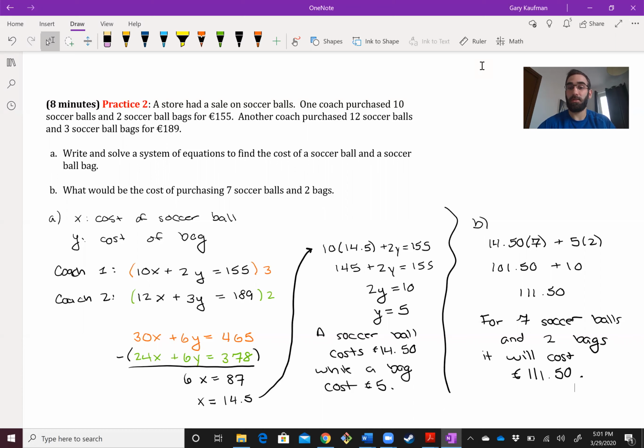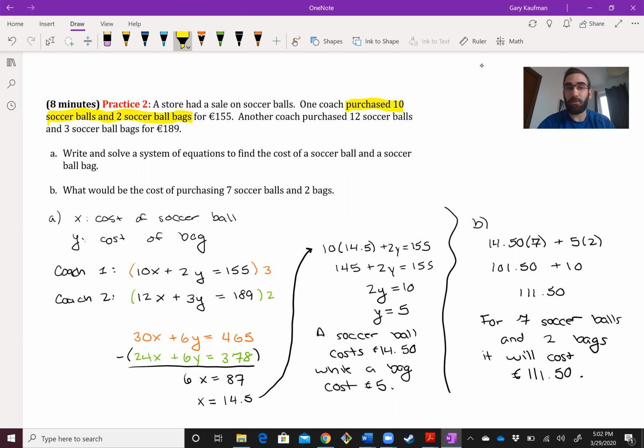I then use this in part B to figure out that the cost of 7 soccer balls and 2 bags will cost 111 euros and 50 cents. Now, there's many ways that you could have arrived at that answer, and you must just show the work that you got there. For example, you could have also noticed that one coach had purchased the 10 soccer balls and 2 soccer ball bags.